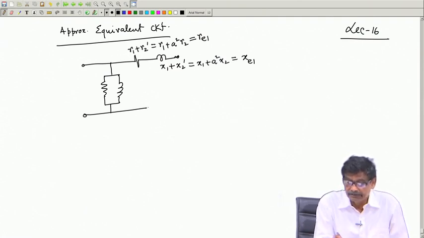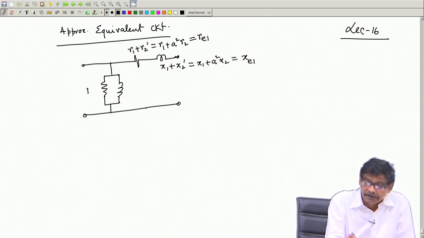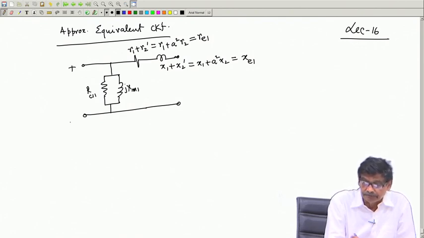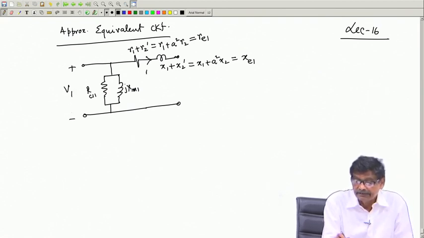These two are the secondary terminals where an impedance will be connected, if it is connected, a square Z 2, and this will be R C L 1 and this is J X M 1, and this is your V 1. And mind you, this current is I 2 dash and this is the no load current, and the no load current comprises two parts, core loss component I C L 1 and I M 1.